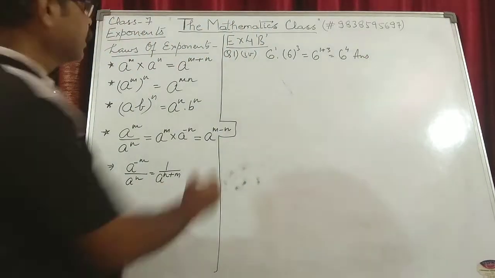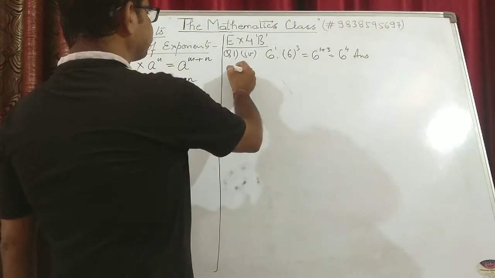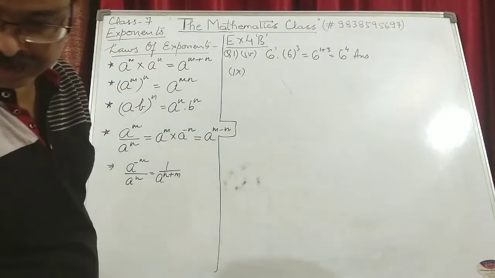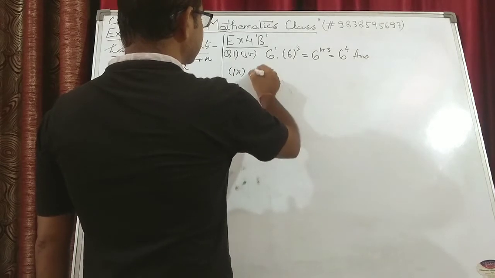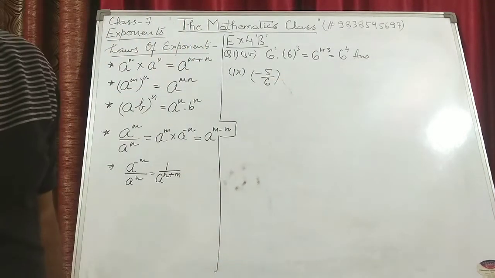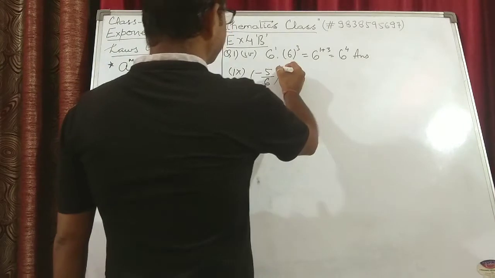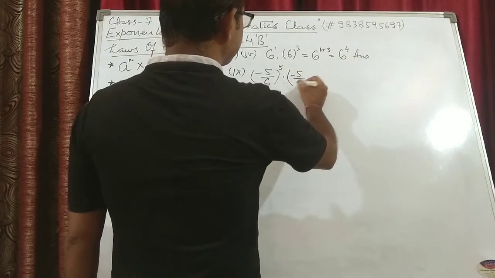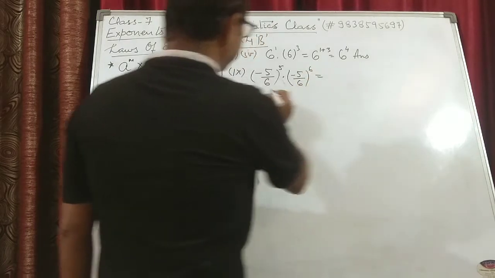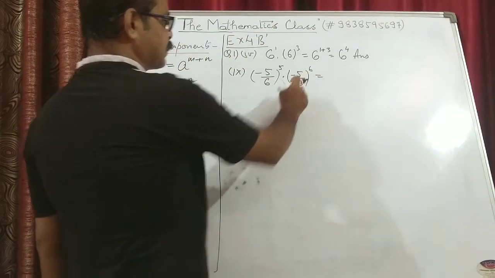Now I am taking the ninth part. Ninth part is again minus 5 upon 6 to the power 5 into minus 5 upon 6 to the power 6. Now here the bases are minus 5 upon 6 and minus 5 upon 6.